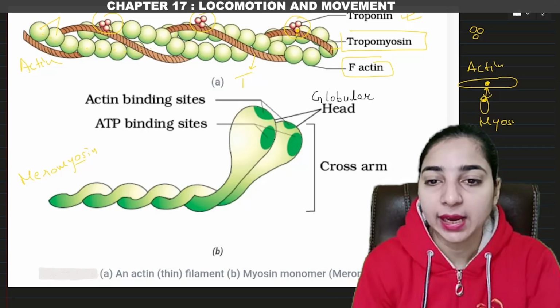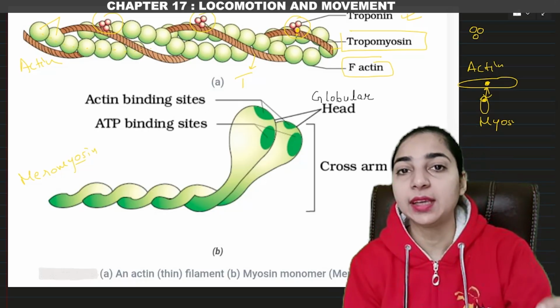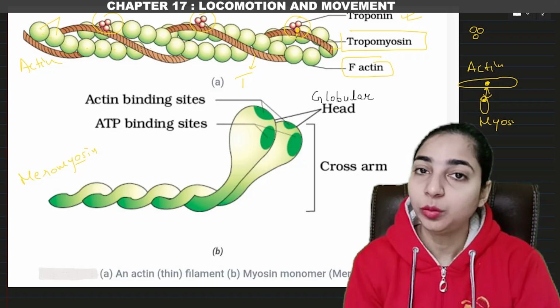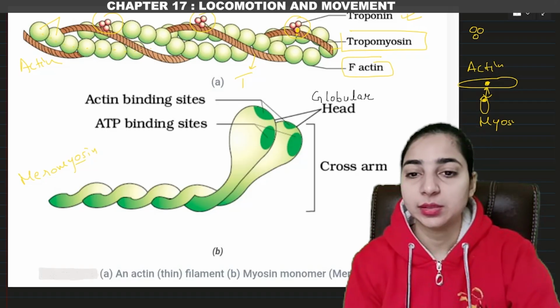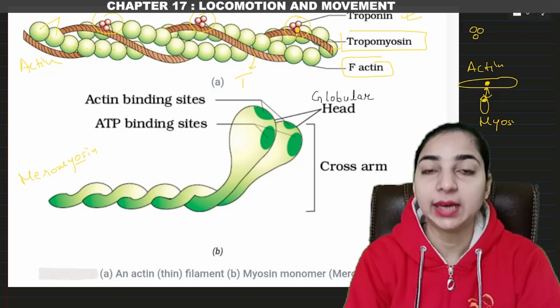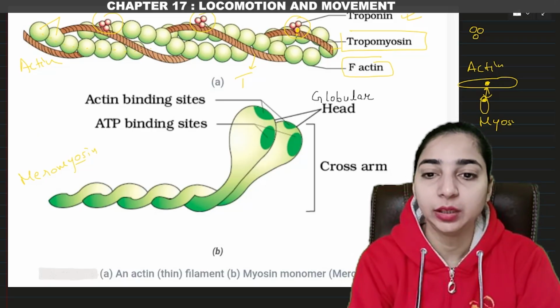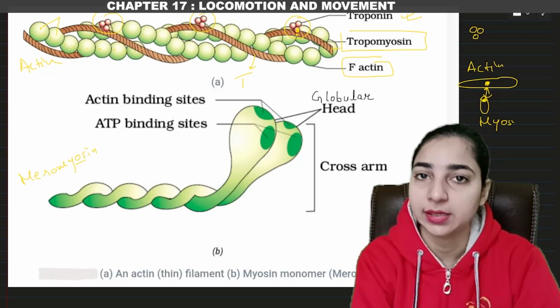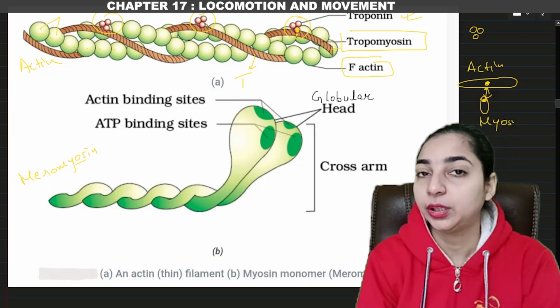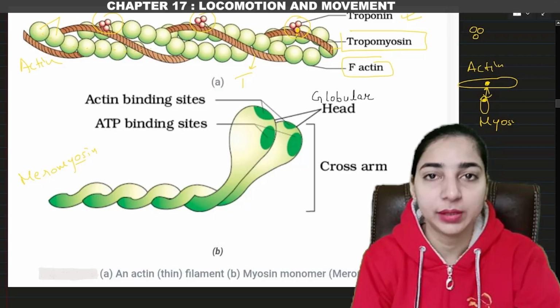Okay. So the site on the actin where binding has to take place is covered by the troponin. So the binding will only take place when this site will get exposed, and this site will get exposed only if the troponin is removed from that site. Okay. So we will see how this troponin will be removed or displaced from its site.